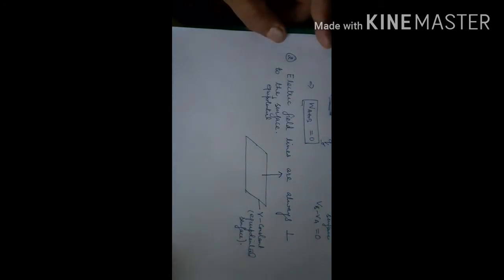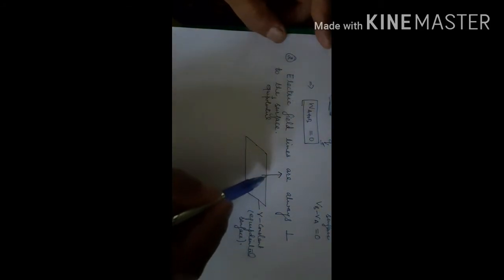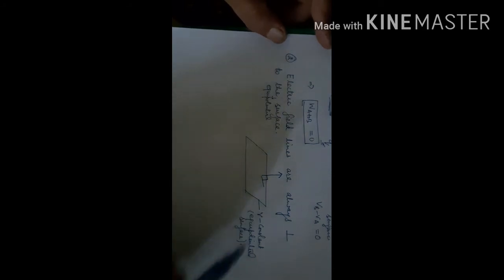It says that the electric field lines emanating from or crossing this equipotential surface will be at a right angle, that is, perpendicular.